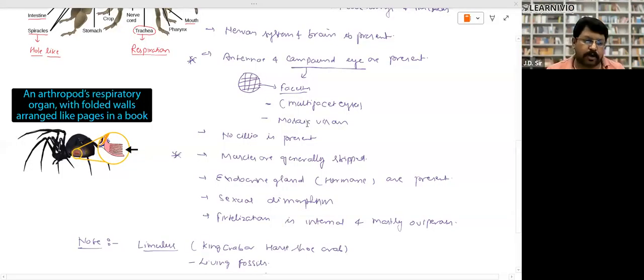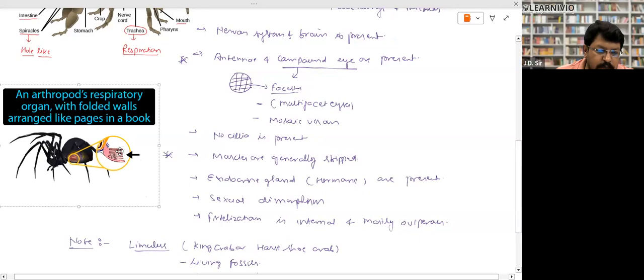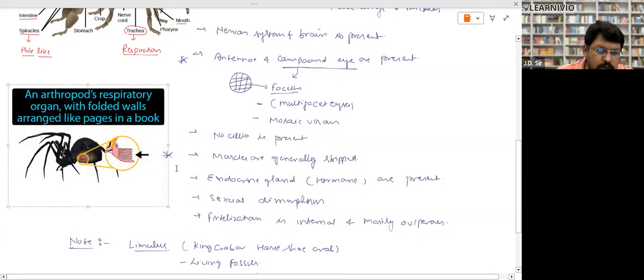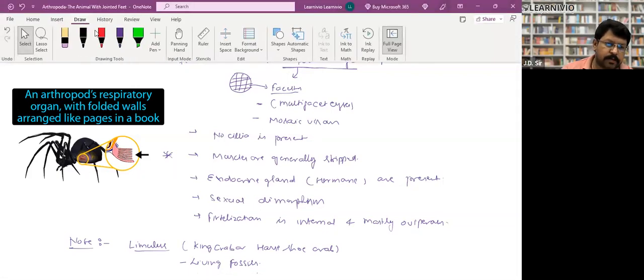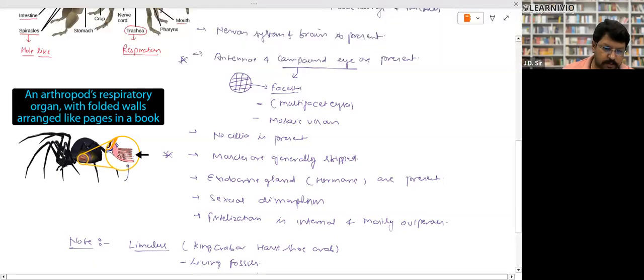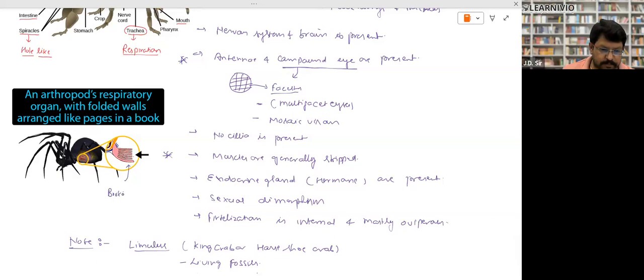Book lungs are an arthropod respiratory organ with folded walls arranged like the pages of an open book. So you can see these are the book lungs, right? They are the respiratory structure, like a book. They are exclusively found in arthropods. These ones are book lungs.